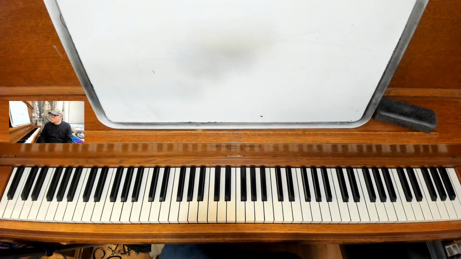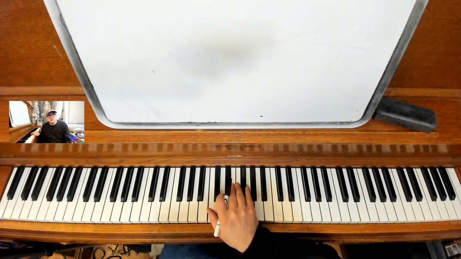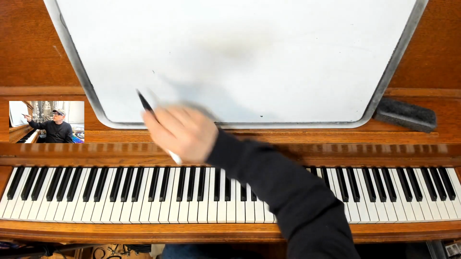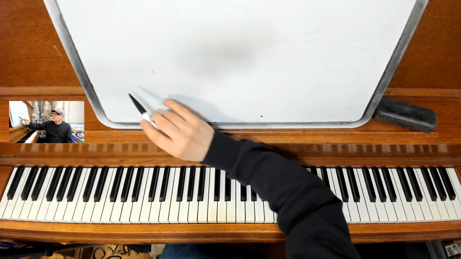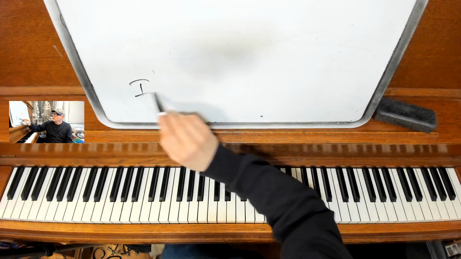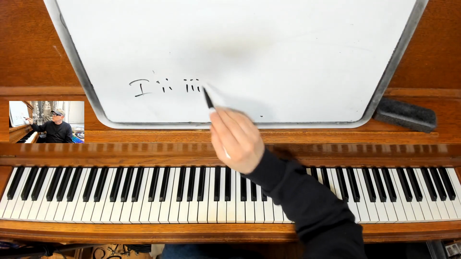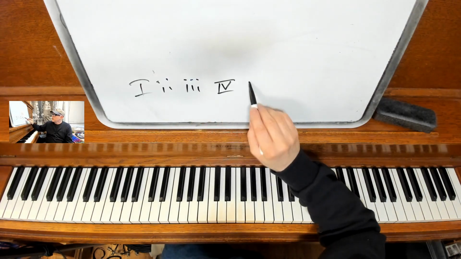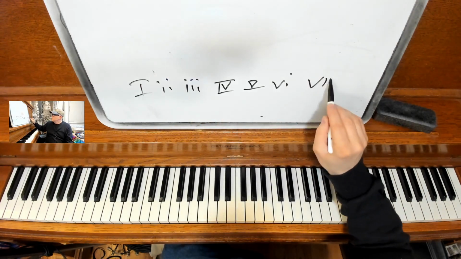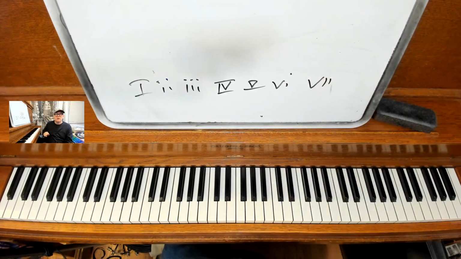That's the root of the chord, and there are basically 3 different kinds of chords that we're going to run across: major chords, minor, and diminished. 1, 2, 3, 4, 5, 6, 7. There are 7 letters in the musical alphabet.